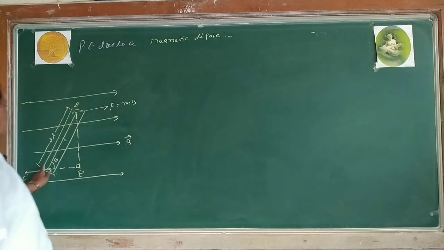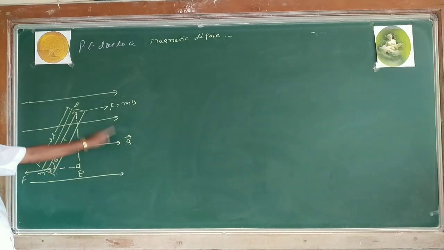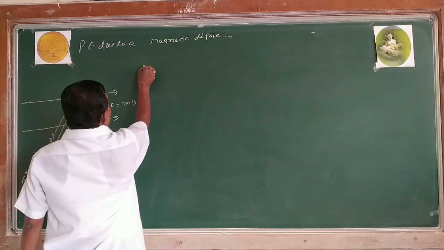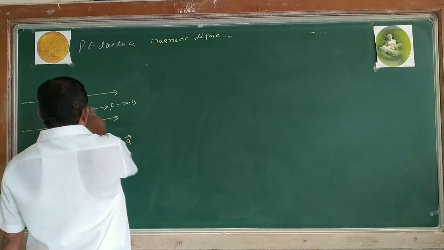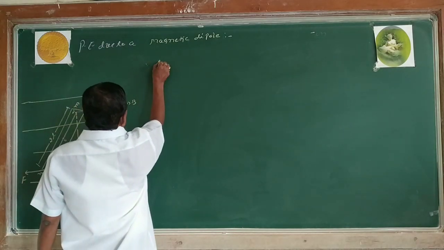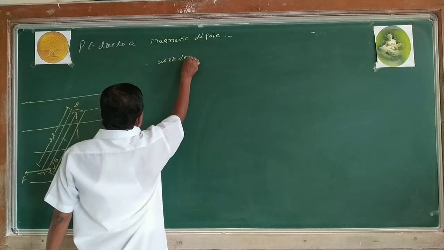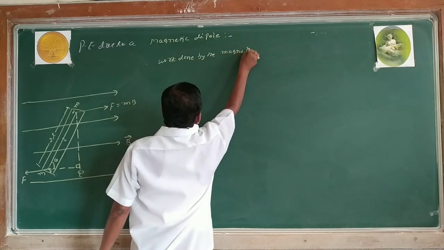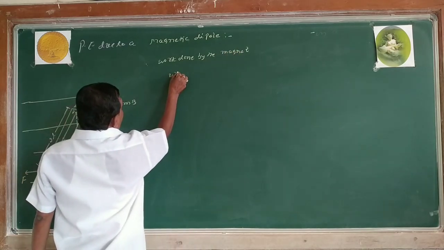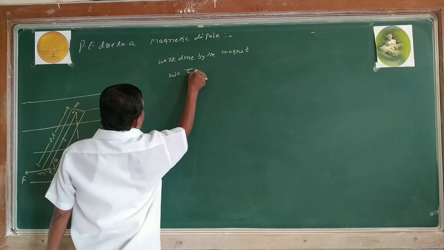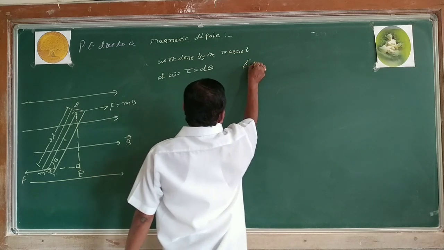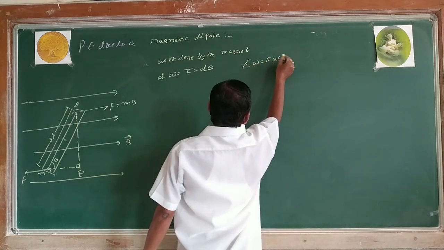When the magnetic dipole is placed in the region of an external magnetic field, it experiences a torque. That torque makes the magnet rotate. Therefore, when the magnet is rotated, work is done. Work done by the magnet equals force into displacement; for a small displacement d theta, dW equals force into displacement in the linear condition.